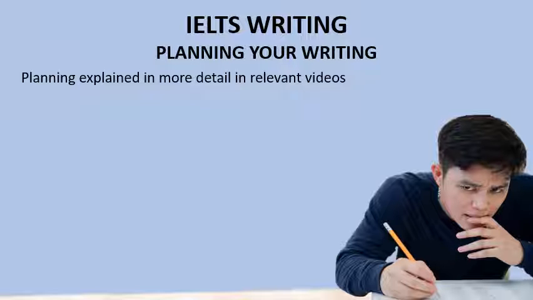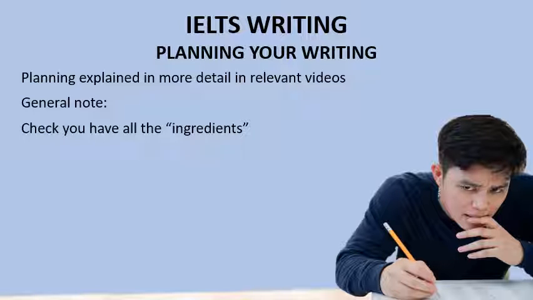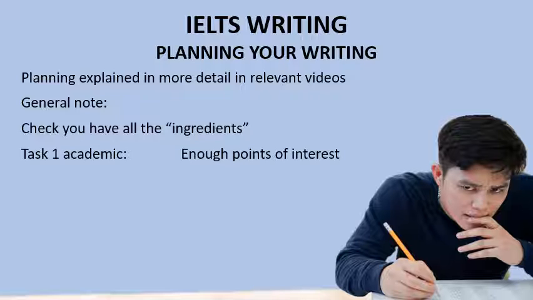I will explain all about planning in more detail about Task 1 and Task 2 in their relevant videos. But here's a general note. You must always check that you have all the ingredients, meaning everything that you need in your essays.